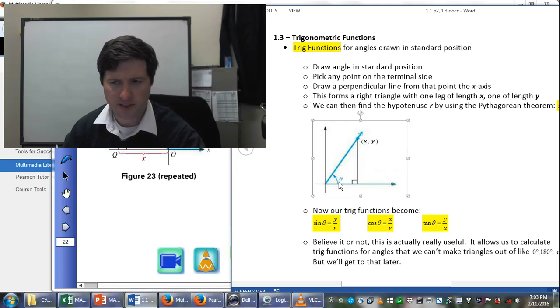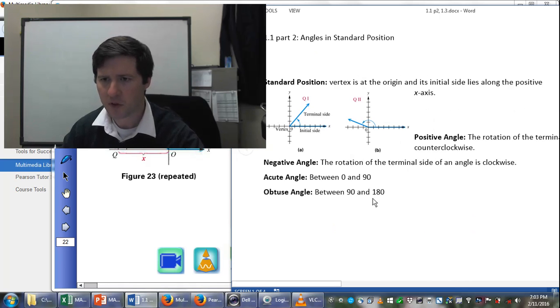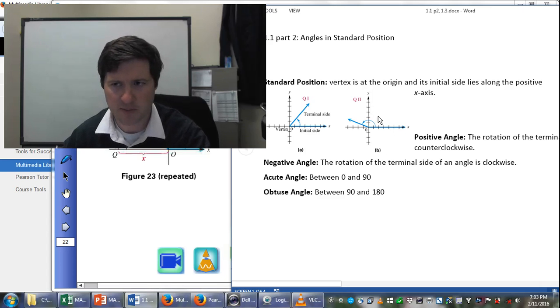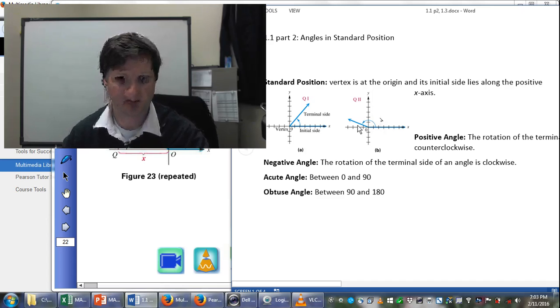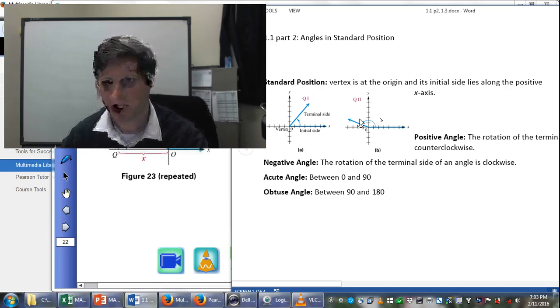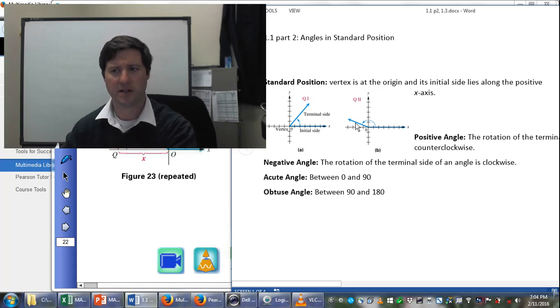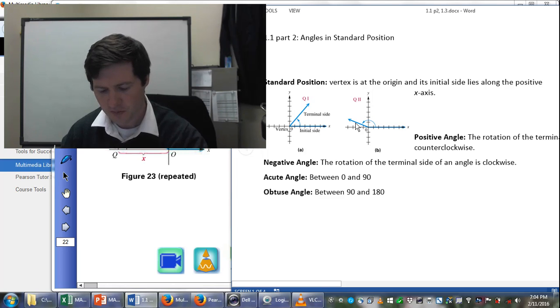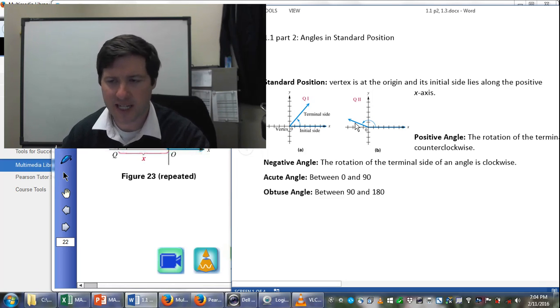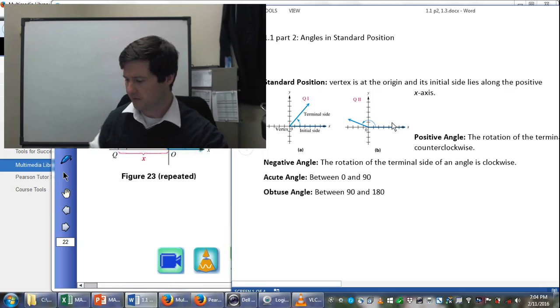But if I have a different angle in standard position that's not a right triangle, it's not between 0 and 90, say somewhere between 90 and 180 degrees, that angle doesn't make a triangle, but we can still define our trig functions from that by choosing some point on the terminal side of this and applying our definitions. So it's a very exciting concept, and let me draw this.